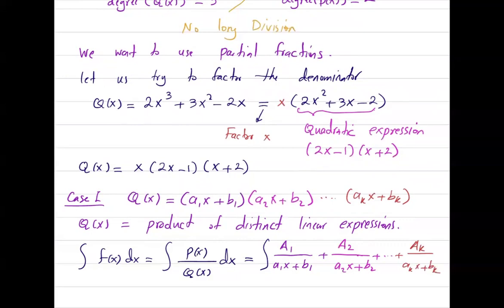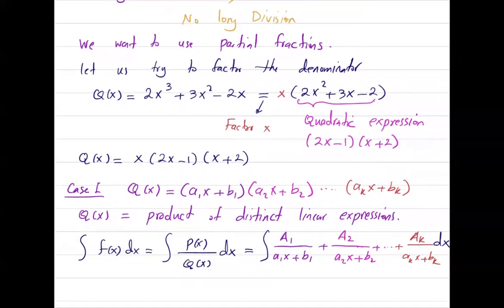Then we take the integral with respect to x. So this is our goal. Our q of x is basically written as the multiplication of distinct linear expressions. So let us begin, everyone.